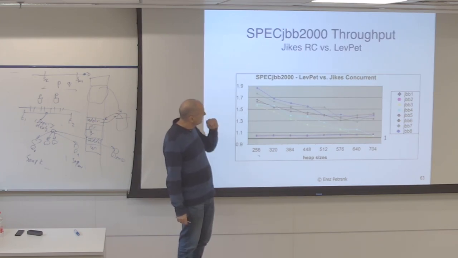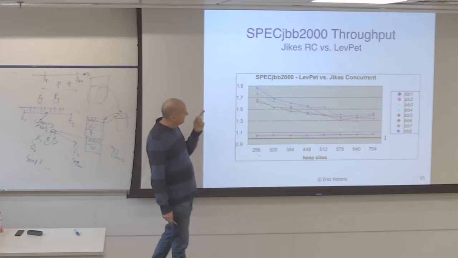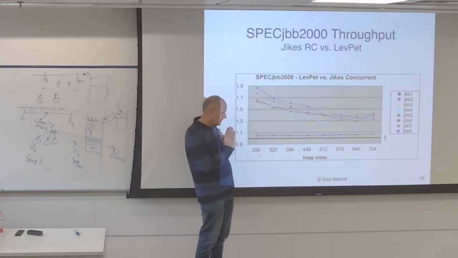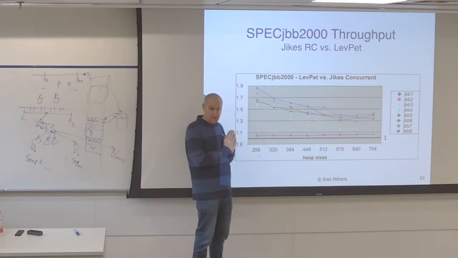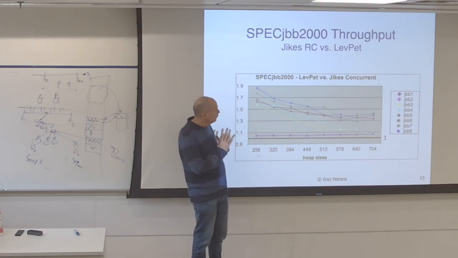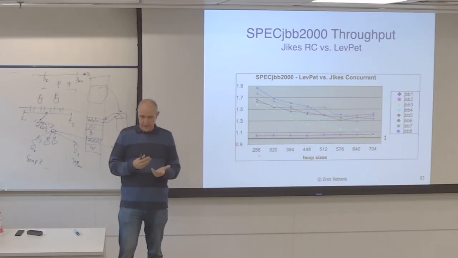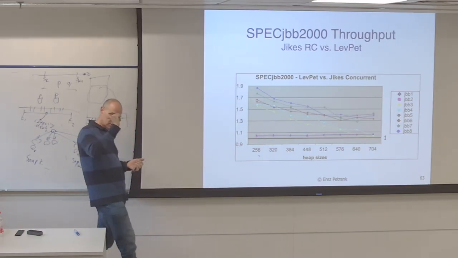Now, in the system where Yossi implemented his reference counting collector, there was another concurrent reference counting collector. This was the one by the IBM people, Bacon et al., that I talked about.